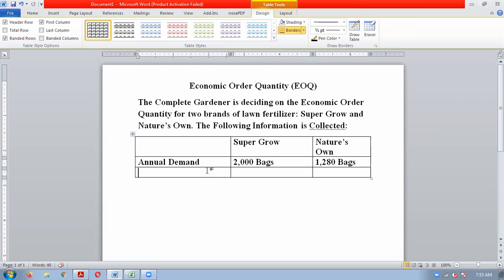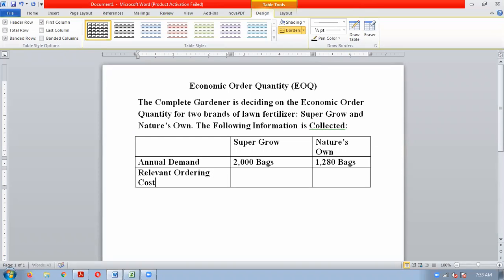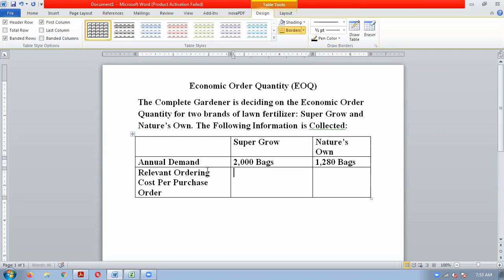Relevant ordering cost per purchase order: rupees 1200, rupees 1400.